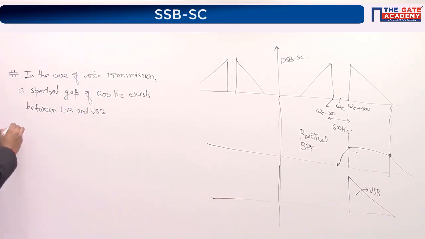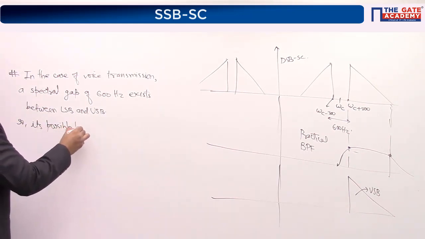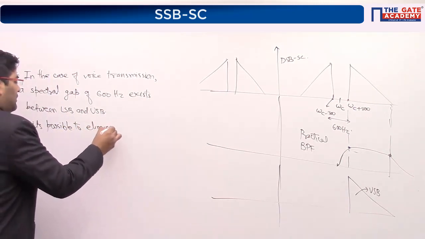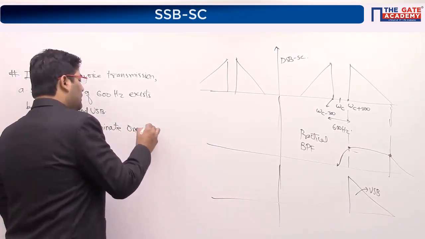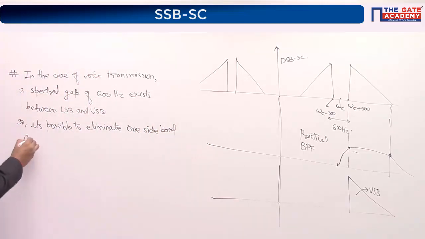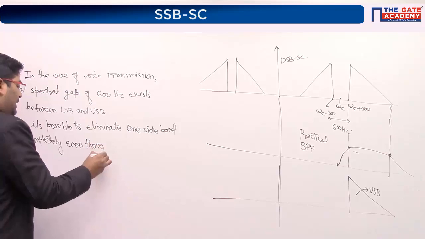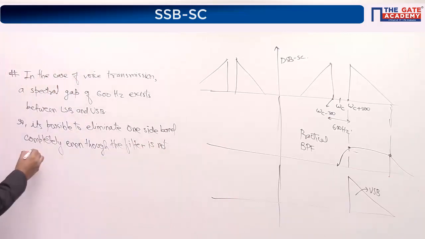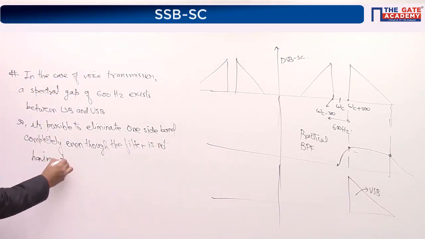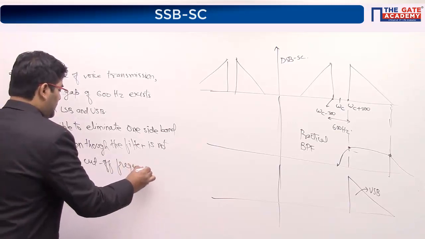So it is possible to eliminate one sideband completely, even though the filter does not have a sharp cutoff frequency.